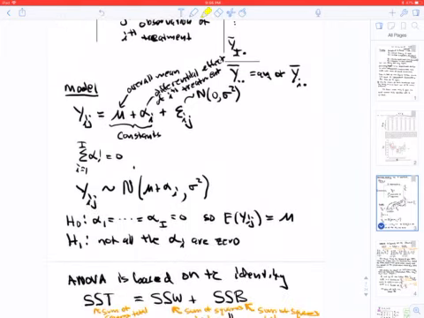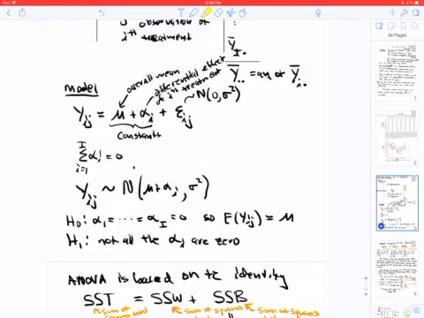So the model that we have here is that our data, the yij, are a sum of 2 constants, an overall mean and a differential effect for the ith treatment, plus some random noise where this noise is normal 0, sigma squared.